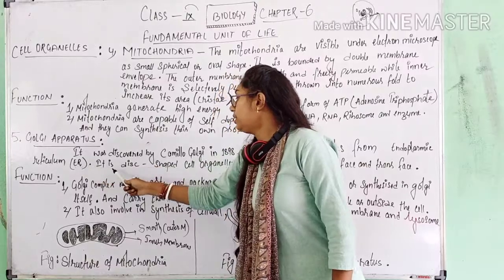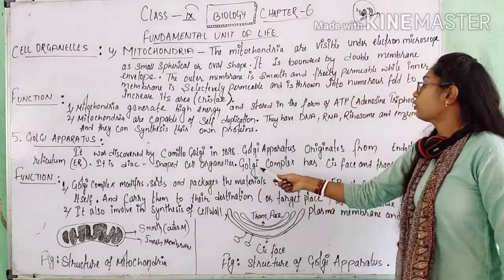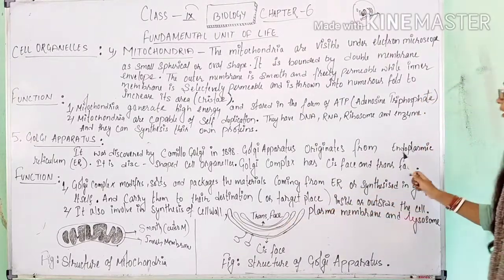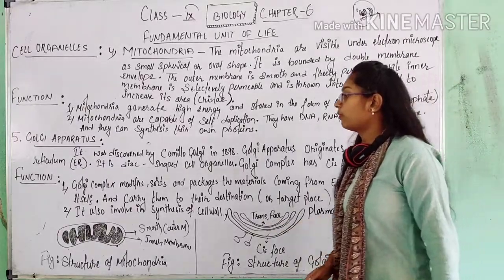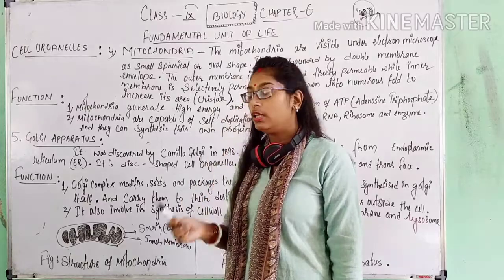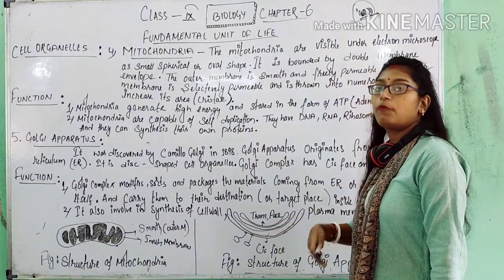It is a dish-shaped cell organelle. Golgi complex has cis phase and trans phase. This is the trans phase. Okay, they both have different functions. Cis part performs a different function and trans phase performs a different function.